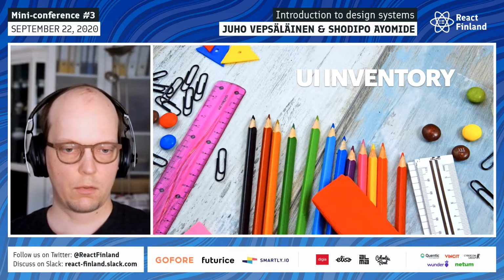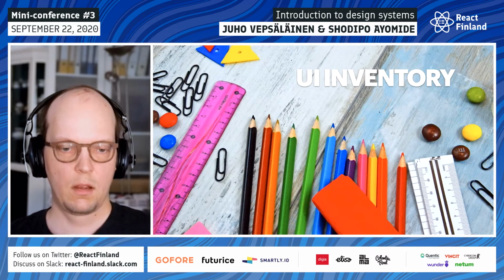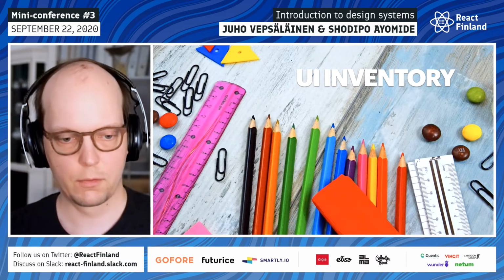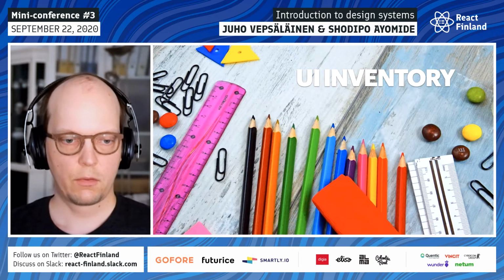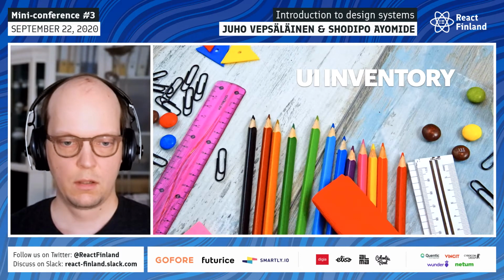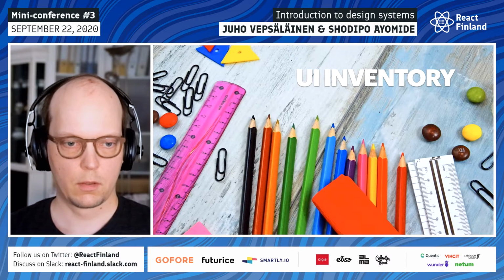What you notice after a while is that maybe you have 10 different buttons, but then from a design system perspective, you can ask yourself, do I need to have 20 different buttons in the system when I could have one that's really well made? That's the kind of thing you learn from inventory. By understanding what you have first, you start noticing patterns, and these patterns and primitives are going to form your system in the end.